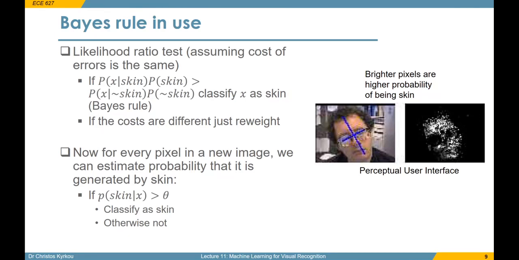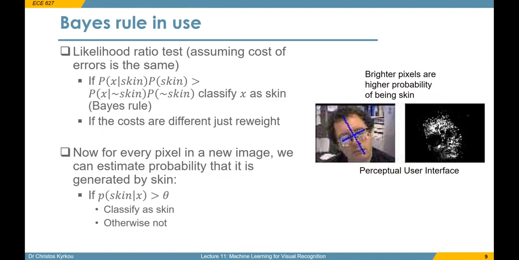So if the probability of having this particular hue value given that it is a skin pixel is higher than having this hue value given that it's not a skin pixel, then the hue value is classified as skin. We can make it simpler by just having a threshold, and we can classify pixels as either skin or not.